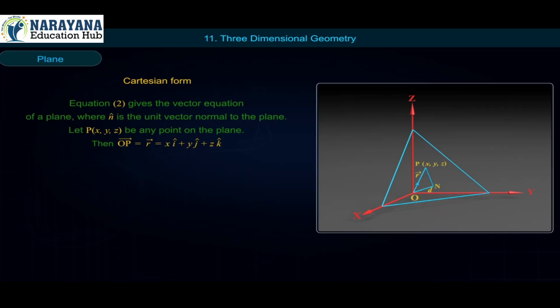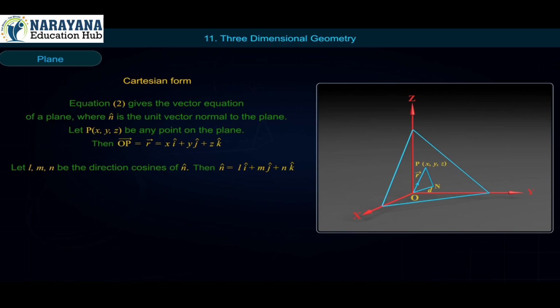Cartesian form. Equation 2 gives the vector equation of a plane, where n cap is the unit vector normal to the plane. Let P(x, y, z) be any point on the plane. Then vector OP is equal to vector r is equal to xi cap plus yj cap plus zk cap. Let l, m, n be the direction cosines of n cap.